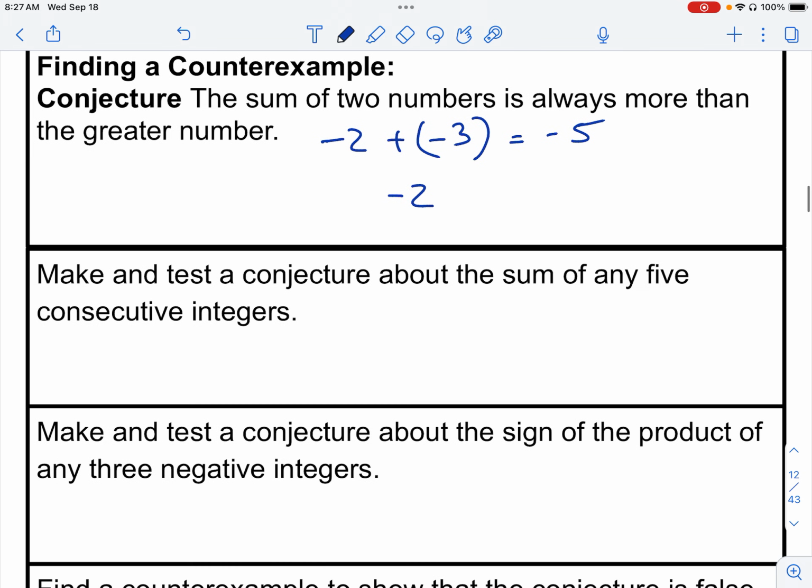According to our conjecture, -2 should be smaller than -5, but it's closer to 0, so we know it's bigger. So that is not true. We found a counterexample. Our conjecture is wrong. So that's how that works.